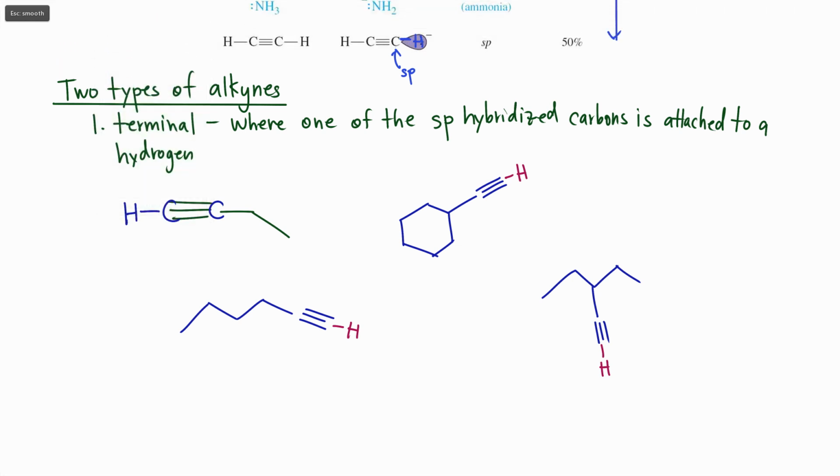Okay? Now, the second type of alkynes is internal. So, an internal alkyne, both, and I'm just using a generality so you can understand.